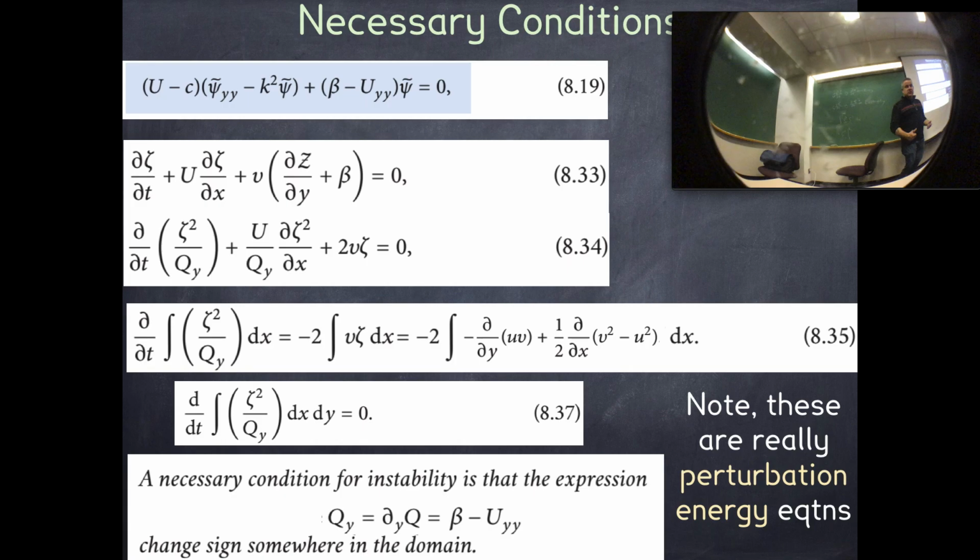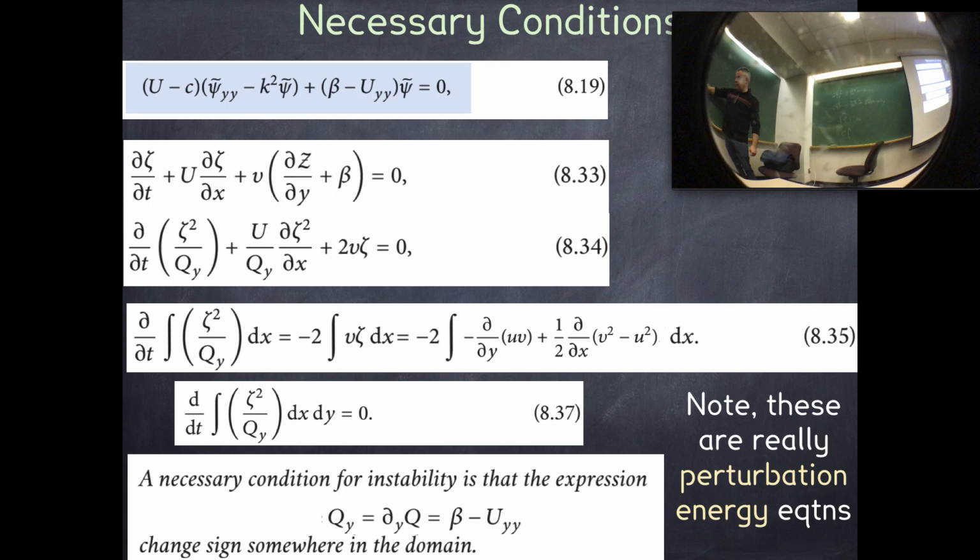If I evaluate zeta squared divided by q_y up here, what do I get? A positive. And down here, I get a negative. If q_y changes sign, I can grow zeta squared here and grow zeta squared here as long as I'm balancing the amount of zeta squared per unit q_y in both, which allows me to still get this condition satisfied. Does that make sense to everybody?